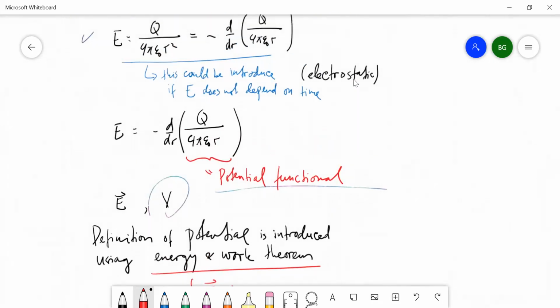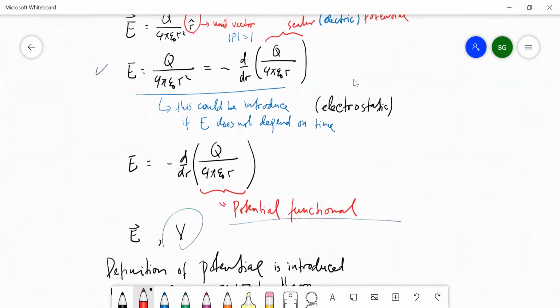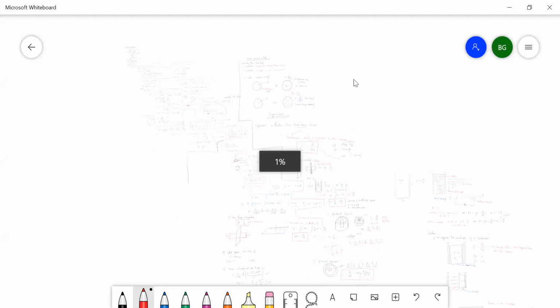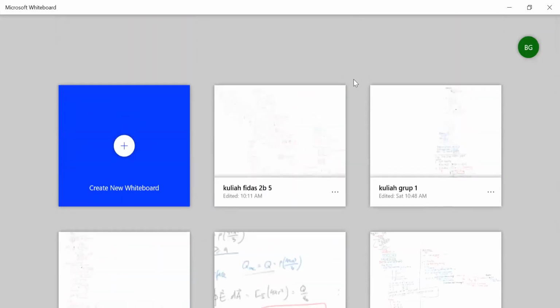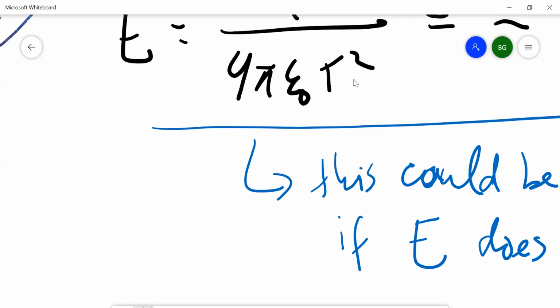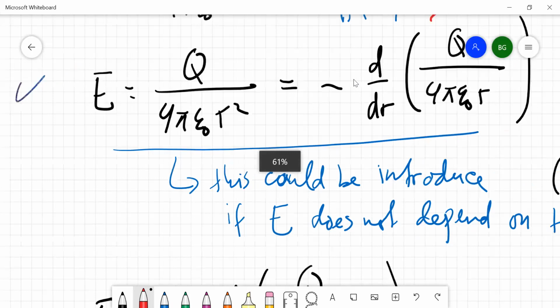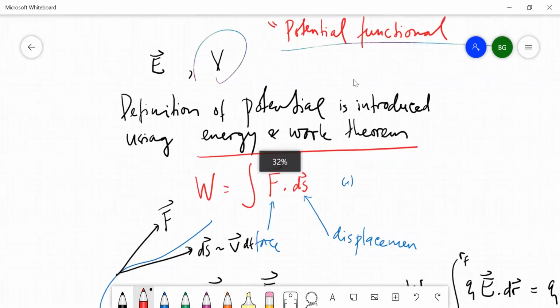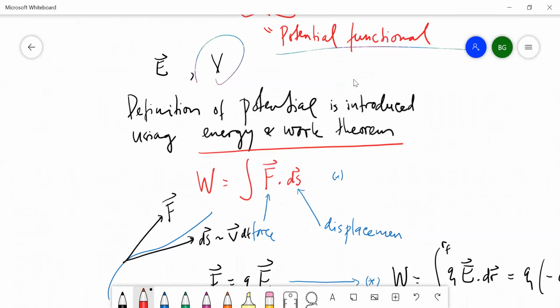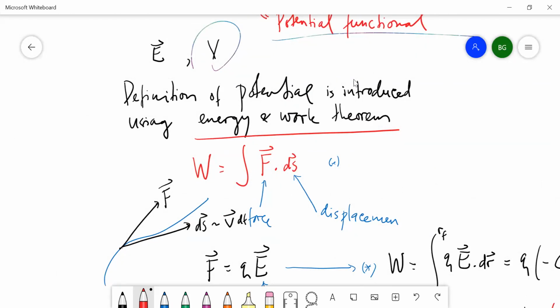So this is an example of a scalar function called the scalar potential. The scalar function called electric potential is introduced by using the work-energy theorem.